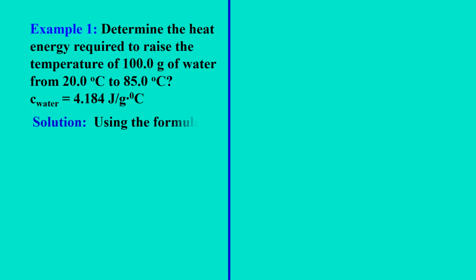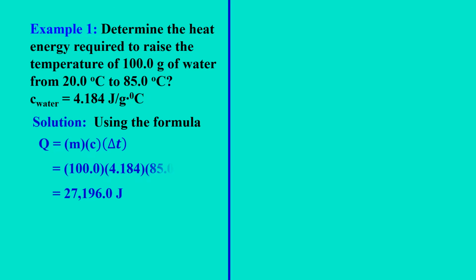Using the formula Q equals M times C times delta T, substituting the values and simplifying, we have 100.0 times 4.184 times 85 minus 20. That is final temperature minus initial temperature. The result is 27,196.0 joules.